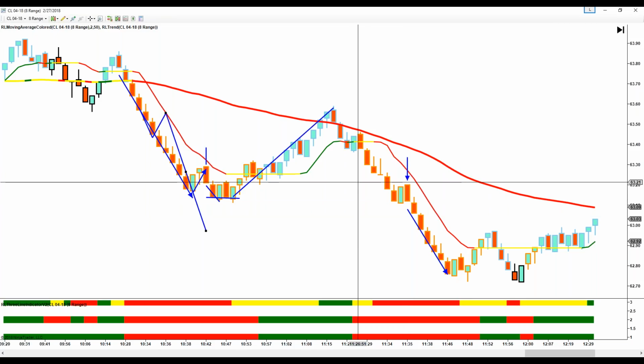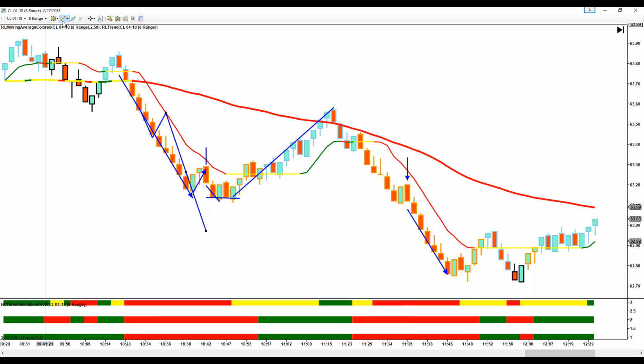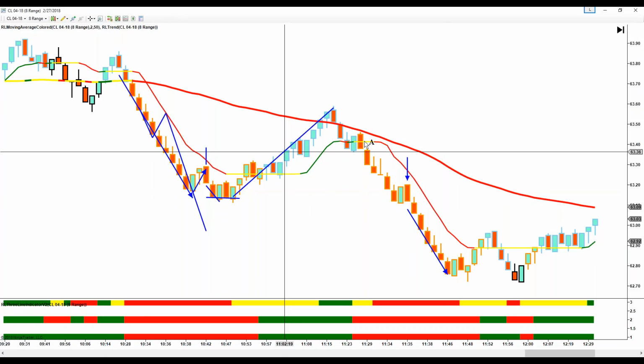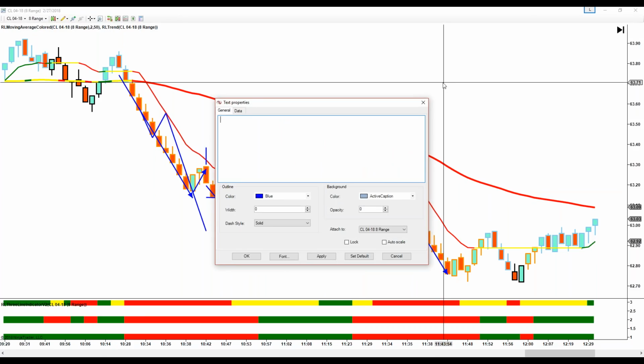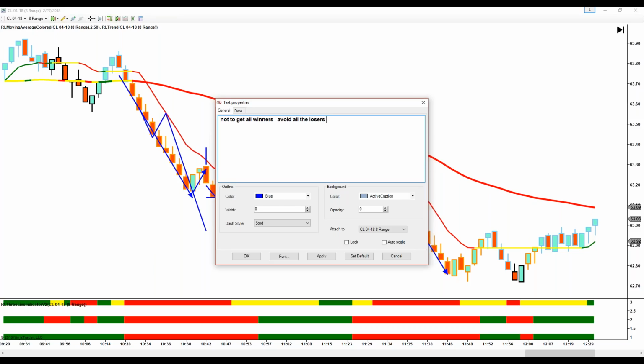So you're not going to get every winner, but our goal in day trading, and I'm actually going to type it in because it's so important, is not to get all the winners. It's to avoid all the losers. Now, that's never going to happen.